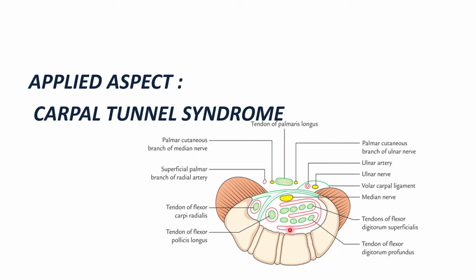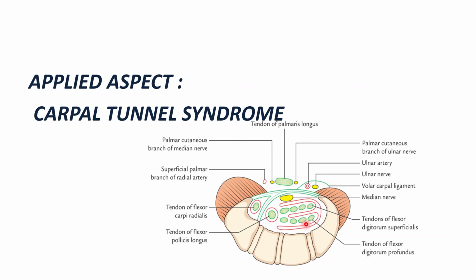Now what happens in this carpal tunnel syndrome is that the median nerve sometimes may be compressed in the carpal tunnel along the sides of the synovial sheath, that is, the compression of the median nerve in the carpal tunnel due to the continuous swelling of the synovial sheath may be seen.